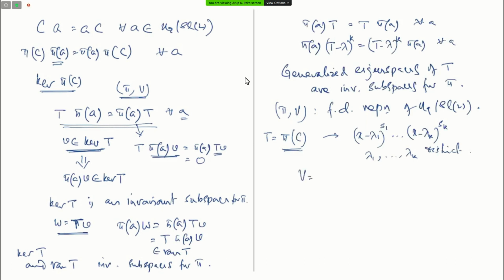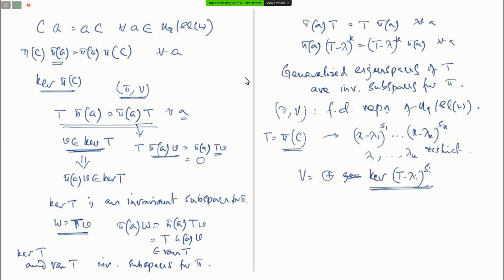So V would decompose as a direct sum of generalized eigenspaces, the direct sum of the kernel of (T minus lambda_i I) to the power s_i. Each of these is going to be an invariant subspace for phi.